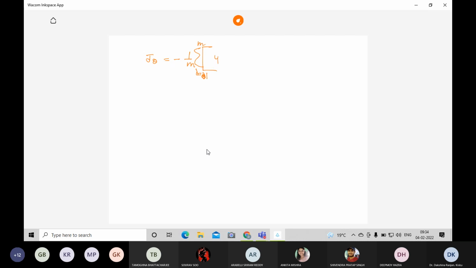Now we can write y_i into log of h theta x_i, plus 1 minus y_i into log of h theta x_i. So this is our J theta.